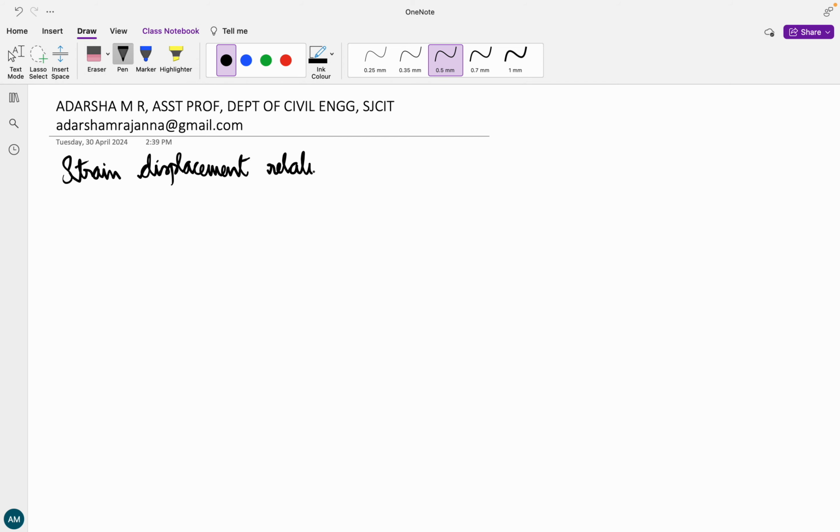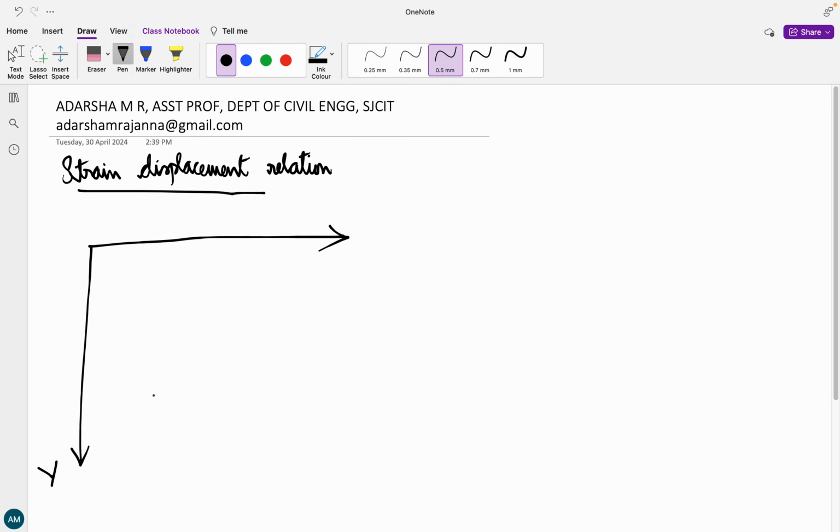We have discussed epsilon x, epsilon y, gamma xy and all the other components. So let us try to arrive at the strain displacement relation. This is the y-axis, this is the x-axis, this is the origin. I am going to consider lines PQ and PR.